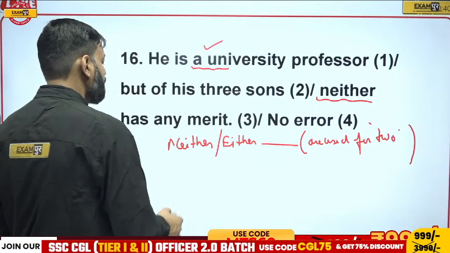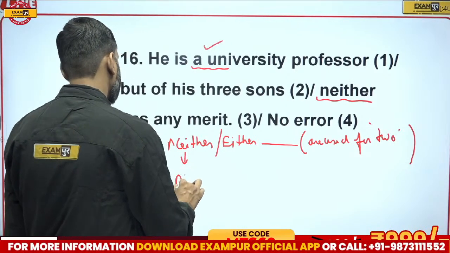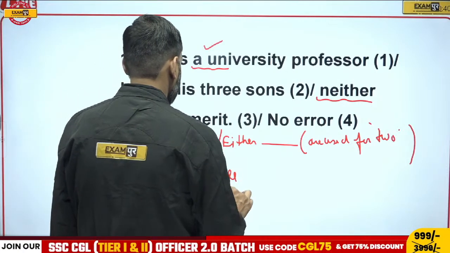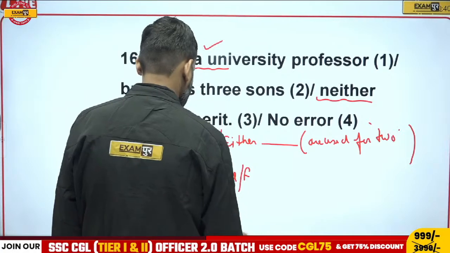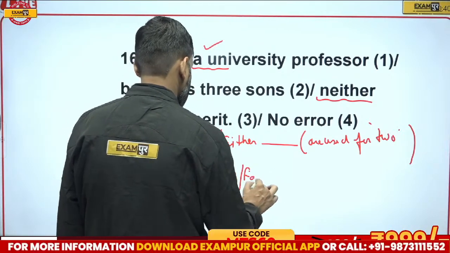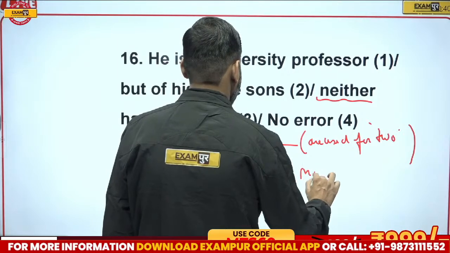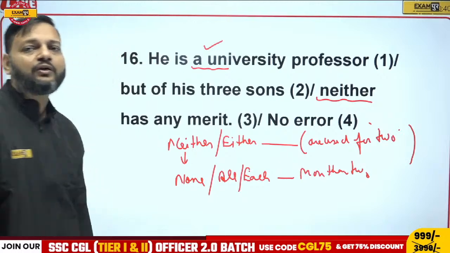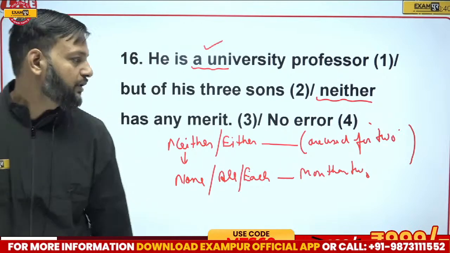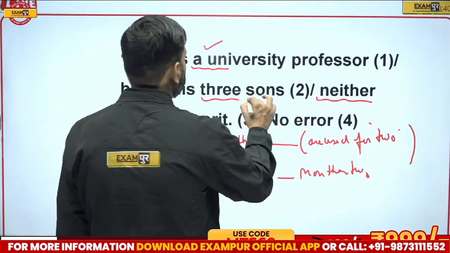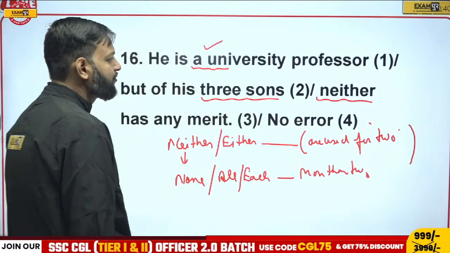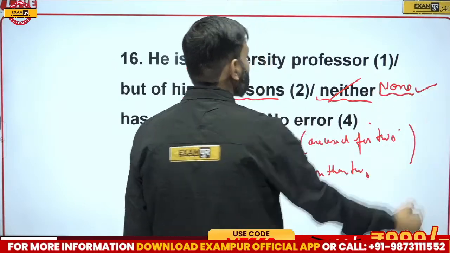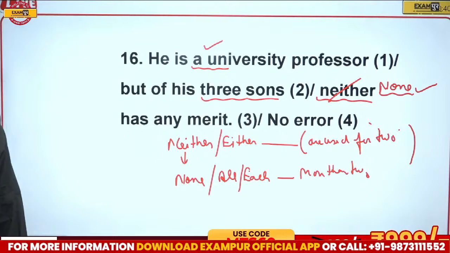If there are more than two, we use none in place of neither and all in place of either. So either and neither cannot be used with more than two nouns. Here we are talking about three sons. So this neither will be changed into none.